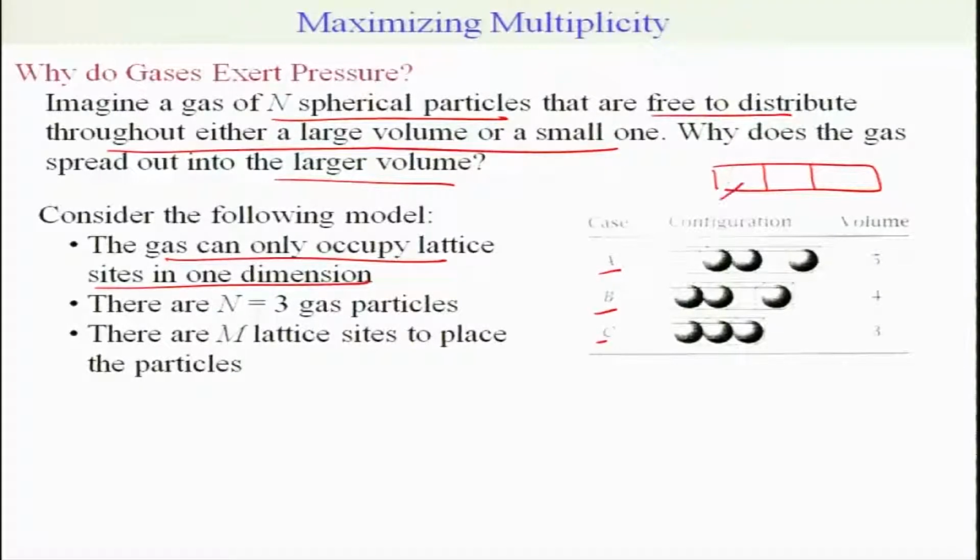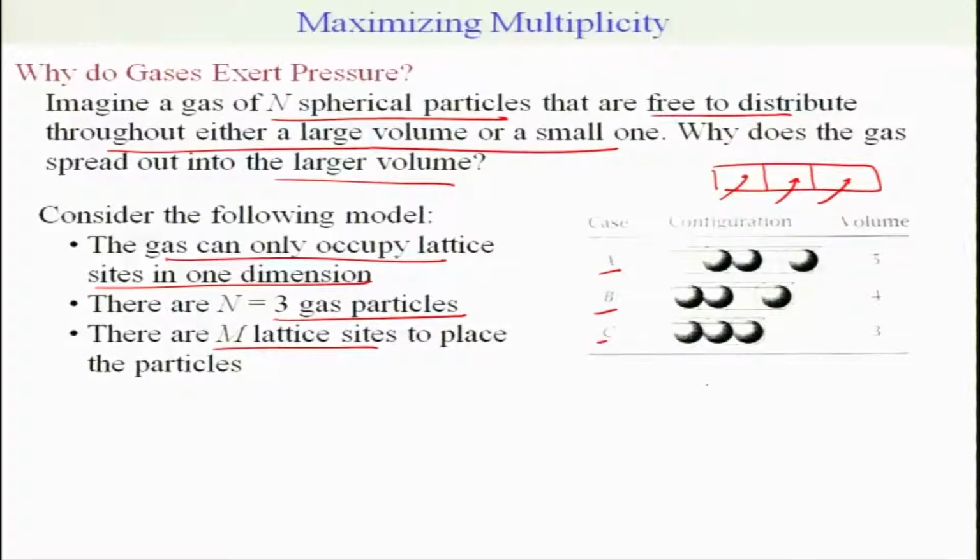So, this becomes one lattice site, this is another lattice site, and this is another lattice site, and the particles, which in this case are only 3 gas particles, can occupy only one lattice site. So, let us assume that the total number of lattice sites is M, and now you have 3 particles, which can vary depending on the volume which you have, and here you have 3 cases A, B, C.